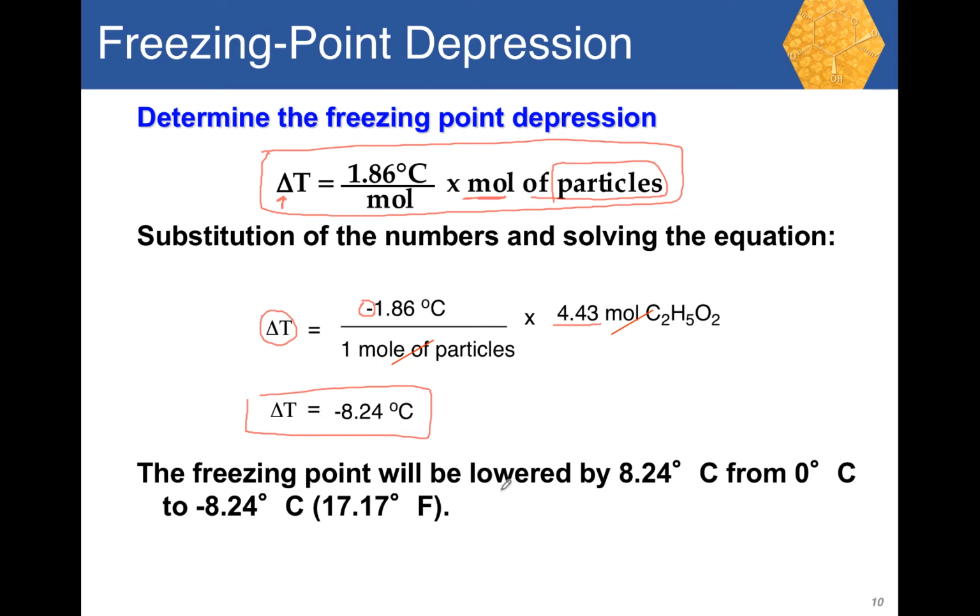So the freezing point is lowered by 8.23 from 0 degrees C. So now you can see the benefit of putting ethylene glycol or antifreeze in your car, especially in the winter, because it does not allow the water to freeze at 0 degrees C, but some temperature below that, depending on the concentration of the solution.